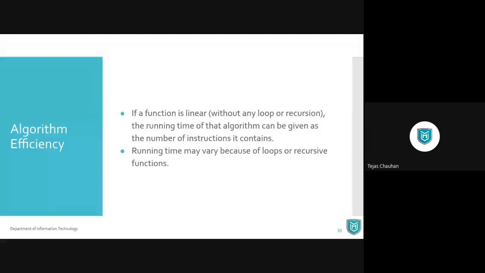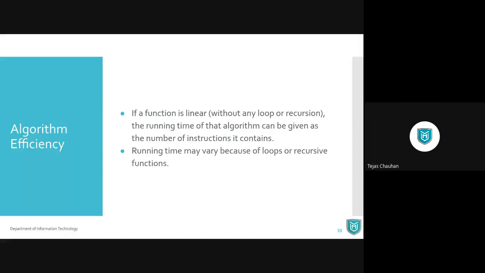So now let's go through the process of defining time complexity for algorithms. We are actually going to define a function f of n now, and we will be focusing on time complexity only.